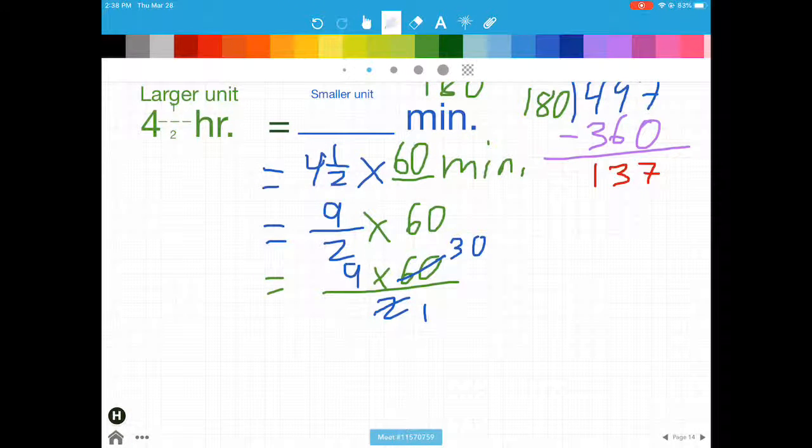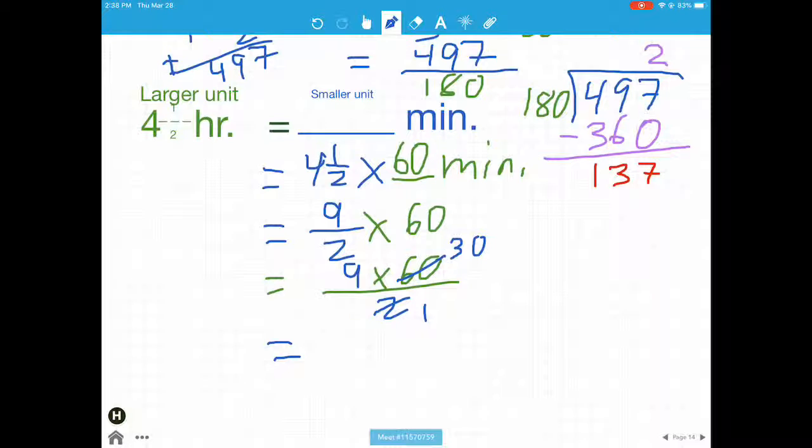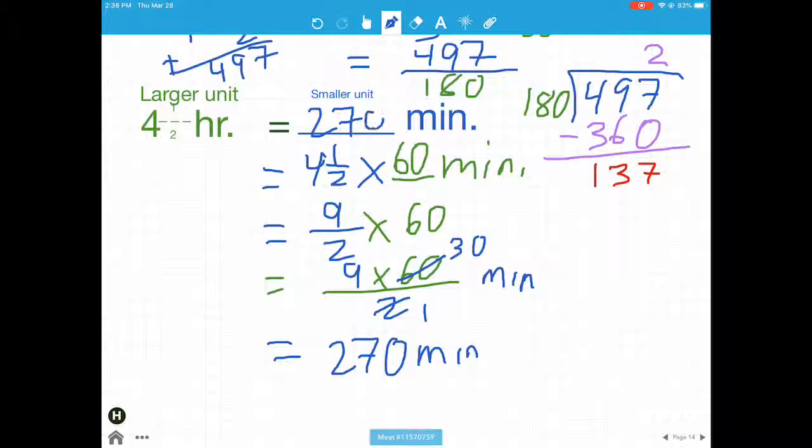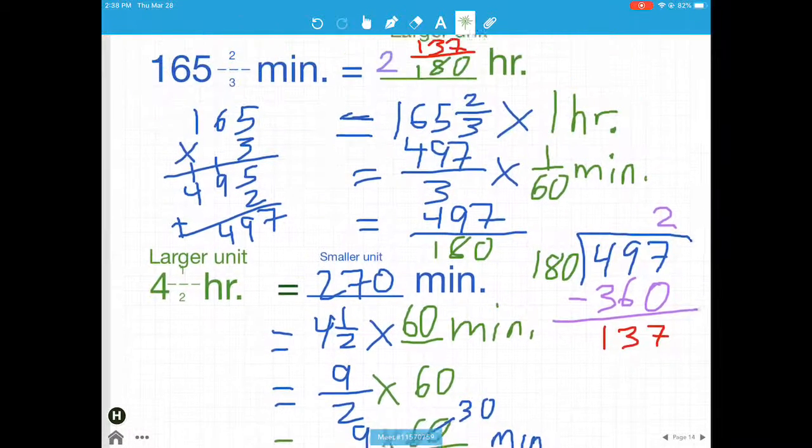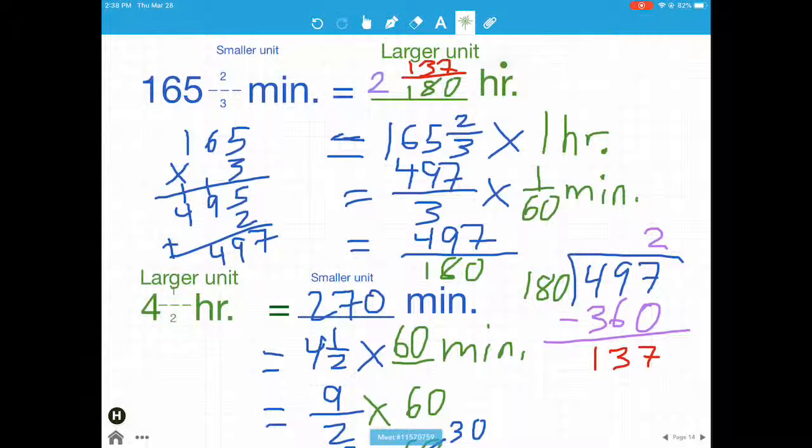And our final answer is going to be 30 times 9, which is 270 minutes. Okay? So 4.5 hours is 270 minutes. We multiply times a whole number here when we go from larger to smaller. And when we go from smaller units to larger units, we multiply times a fraction. Let's go on.